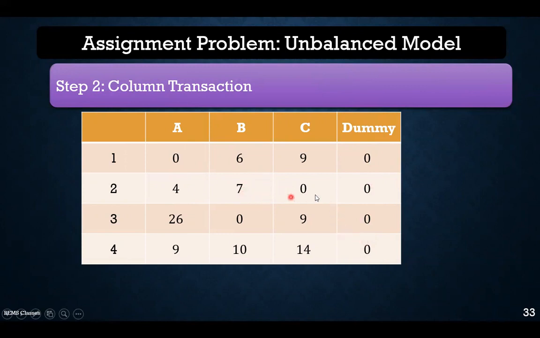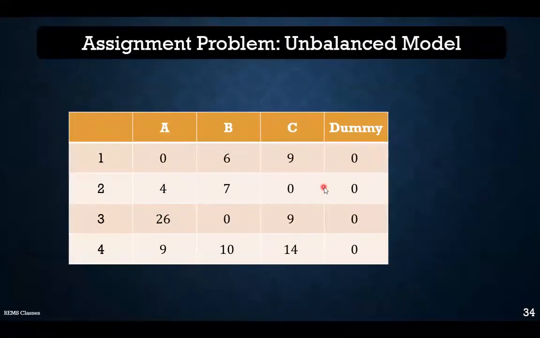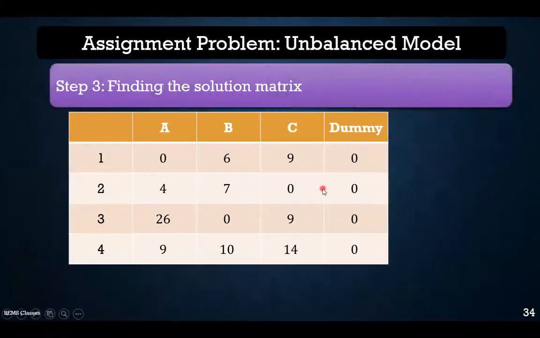So this is the matrix we have obtained after the column reduction. Now we go for finding the solution. In this particular column only one 0 is there, so we pick this 0. Since this 0 is picked in this row, we can cross the other 0.